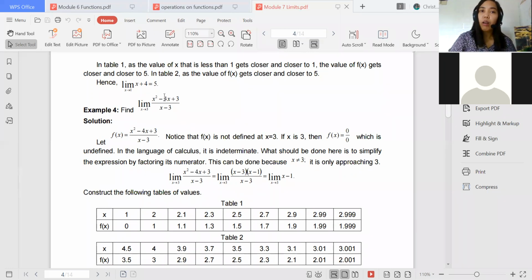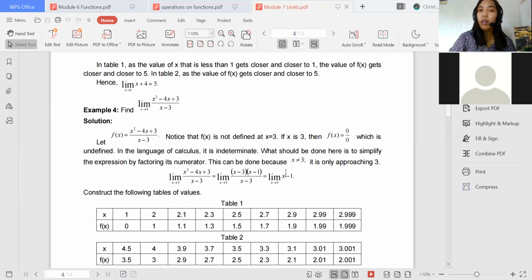So when we factor our numerator, x squared minus 4x plus 3, the factor is x minus 3 multiplied by x minus 1 over x minus 3. We can cancel now x minus 3 in the numerator and in the denominator. So when we simplify this, we have the limit of x minus 1 as x approaches 3.